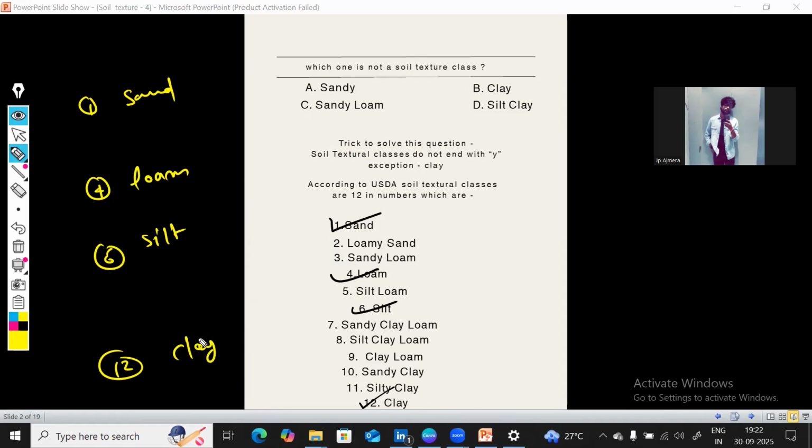We learned in previous classes that there are three soil particles: sand, silt, and clay. What is the size sequence? The bigger one, the medium one, and the smallest one.